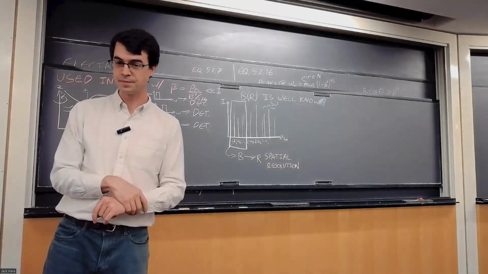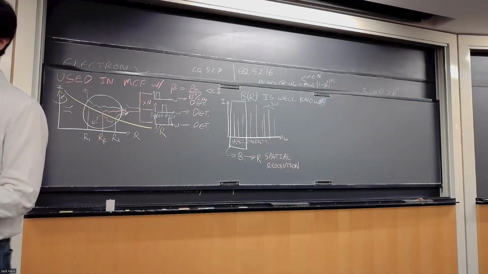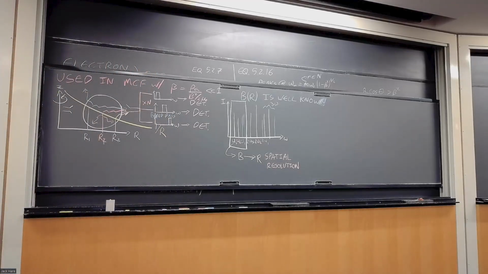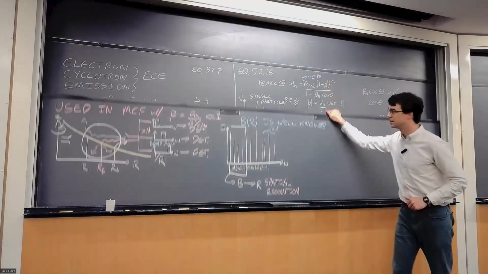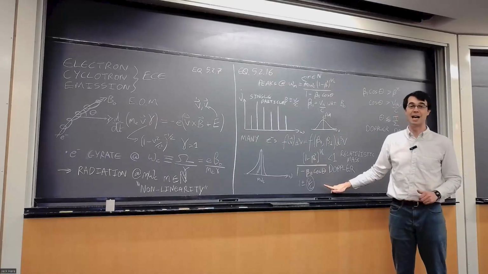I'm just a little confused on the spatial resolution. So is the idea like we know the magnetic field so we can back out where the emission came from? Yes. But that also relies on us knowing the velocity of the electrons to know their relativistic mass, right? What you're saying is these peaks could be sufficiently broadened by these mechanisms that they overlap, right?